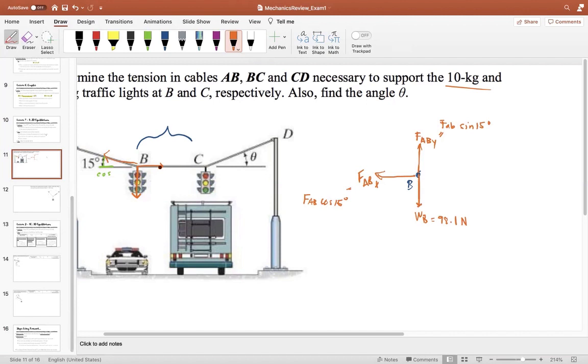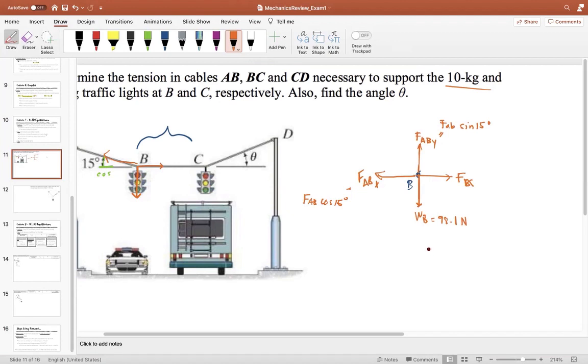This is having a force on the body, so boom, FBC, right? And that's entirely in the X direction, so we don't have to break it up at all. Anyway, so this is the free body diagram for B, right?